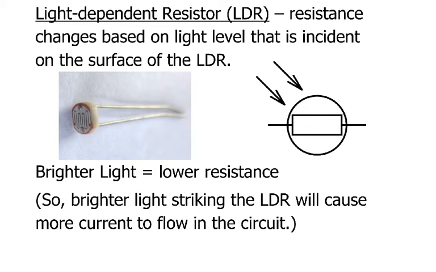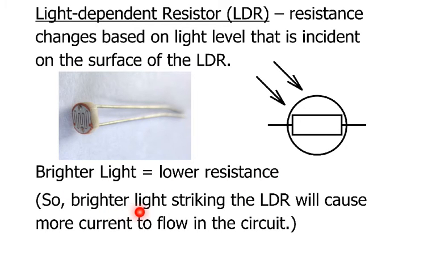Okay? Now again, similar to the thermistor, when there's brighter light, you remember the thermistor if it's higher temperature. In this case, it's higher light levels. So brighter light is going to indicate lower resistance. So if there is a brighter light shining on this surface, then the resistance of this guy is going to go down. All right? So lower resistance when the light is brighter.